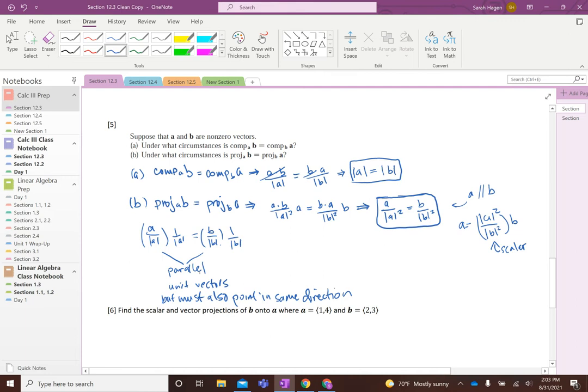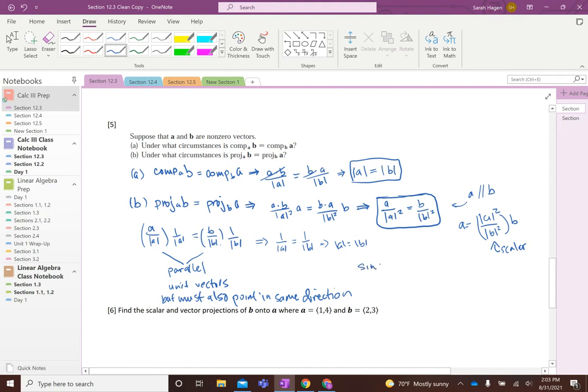That means they're the same vector. And so then the argument was that 1 over the length of A must equal 1 over the length of B. But that just means the length of A equals the length of B, which means that not only must A and B be parallel, but they have to have the same length.